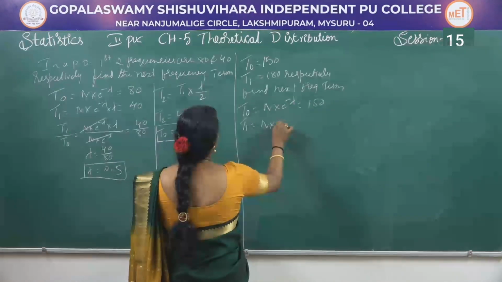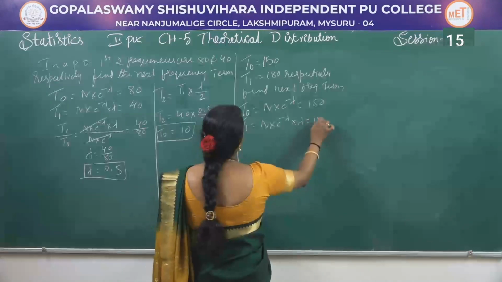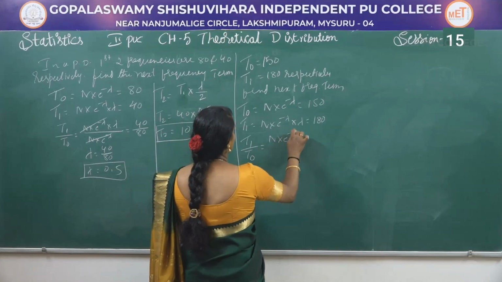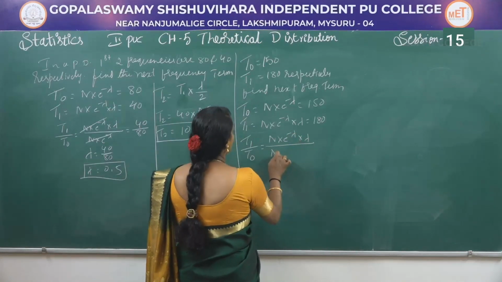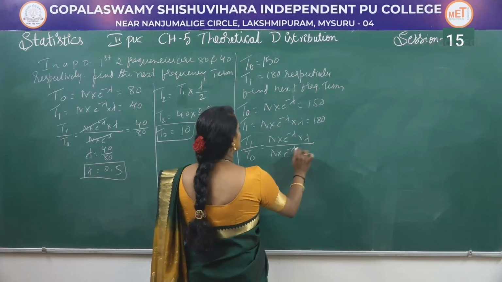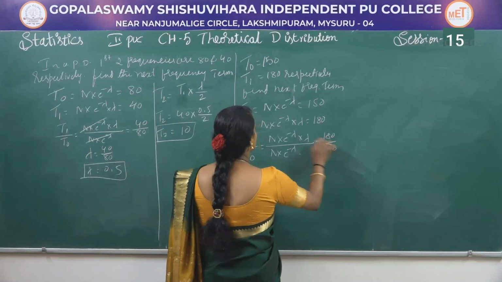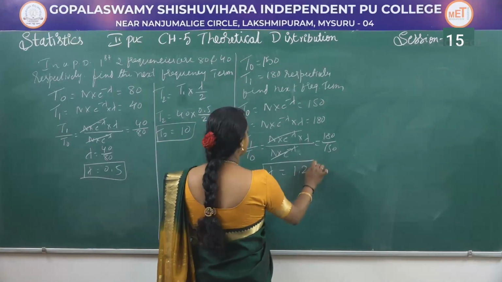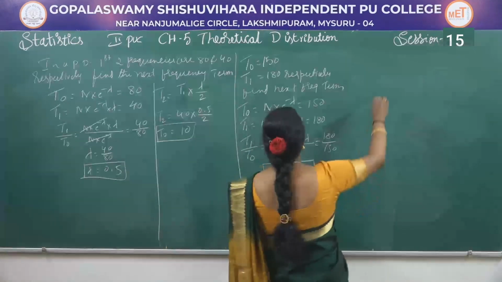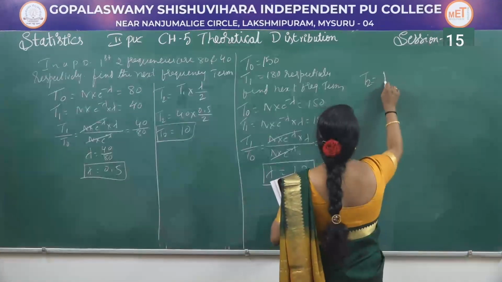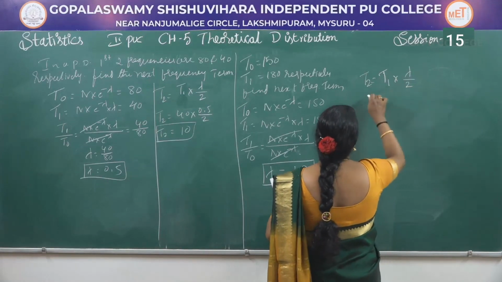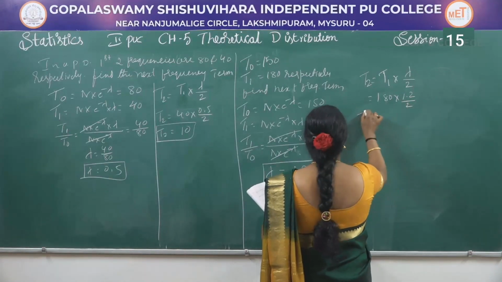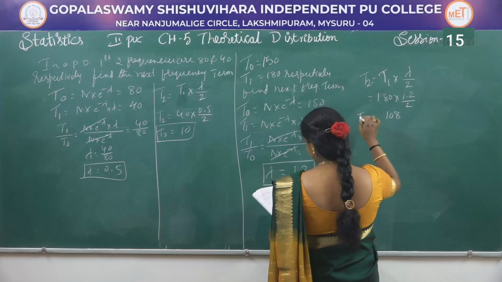T1 is n into e power minus lambda into lambda, that is 180. Take the ratio T1 by T0, which is equal to 180 by 150. These two will get cancelled. So lambda is equal to 1.2. Next we have to find T2. T2 is T1 into lambda by 2. So T1 is 180 into 1.2 by 2. Therefore T2 is 108.